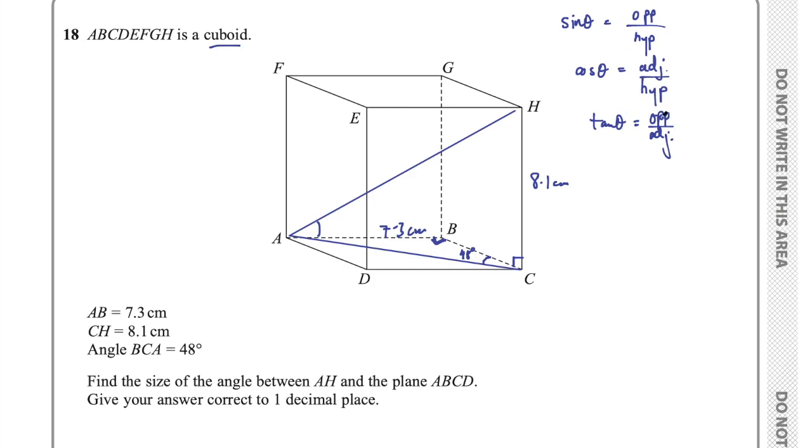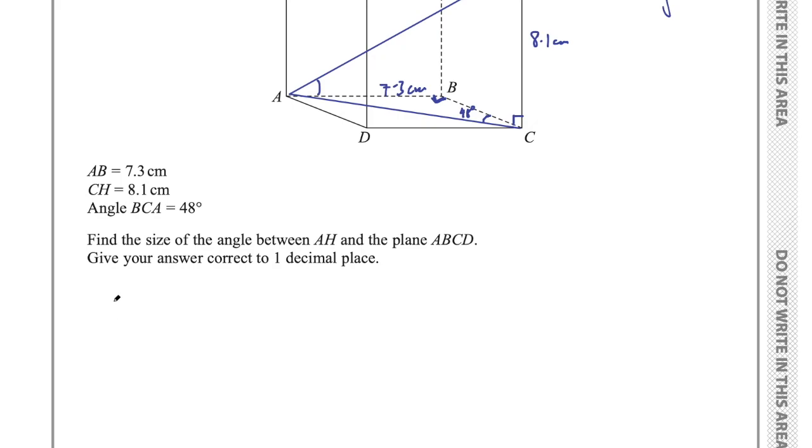Okay, so which one are we going to use? We have the opposite side, we need the hypotenuse, we're going to use the sine ratio. So we can start this off by saying sine of 48 is equal to the opposite side, 7.3, divided by our unknown side, AC. And that equation will allow us to find that side.